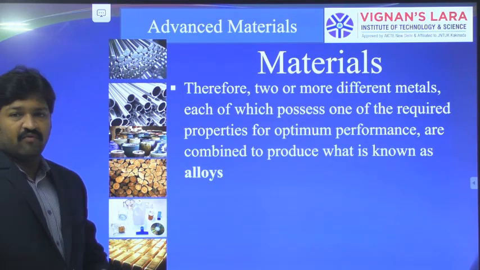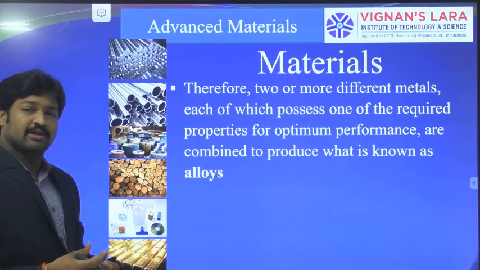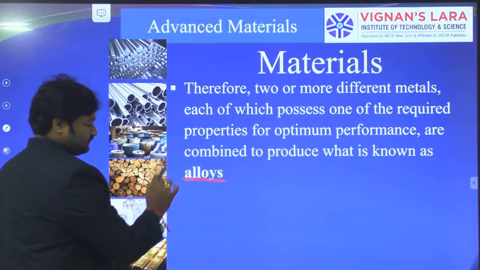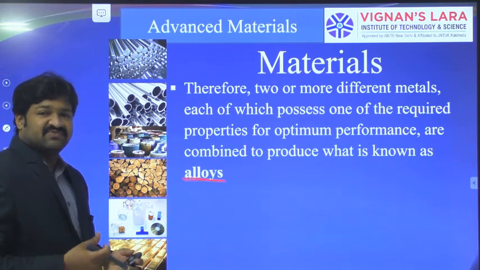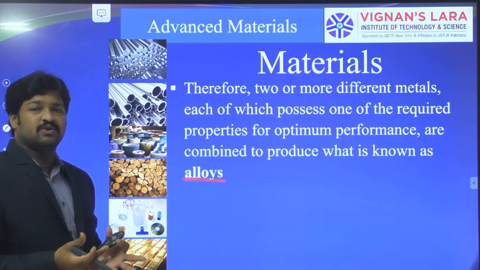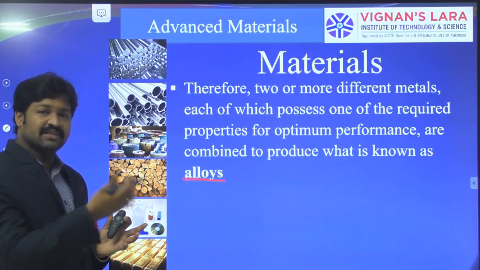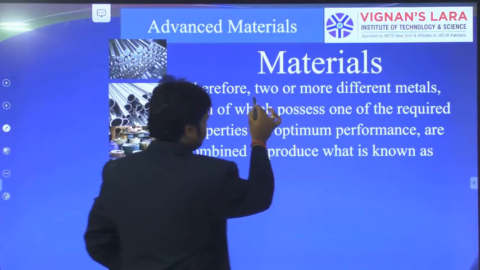Therefore, what we are doing is mixing two or more materials at microscopic level to form a substance. Those are called alloys. To satisfy the desired application, we are mixing two materials which have different properties.